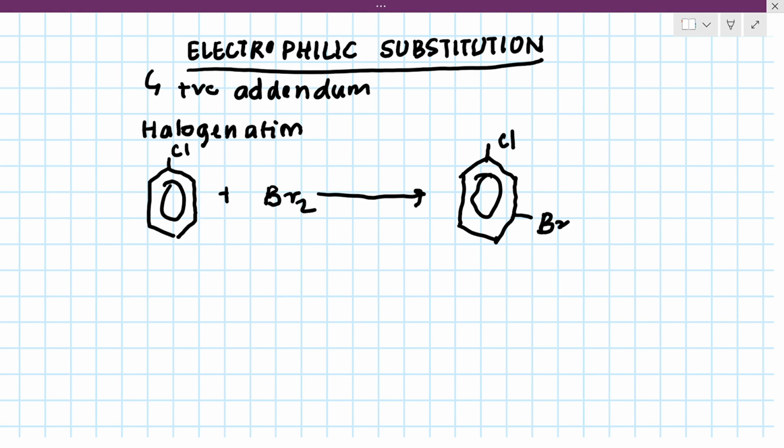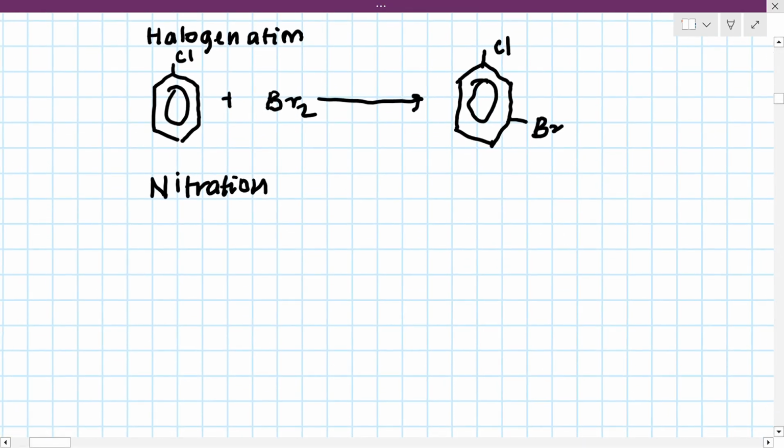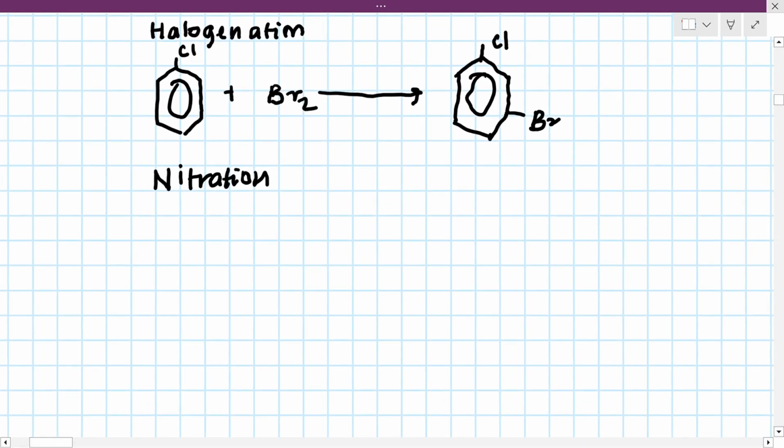Next you have nitration. That is the reaction, nitration. What happens in the nitration reaction is you have chlorobenzene plus HNO3, that is nitric acid.